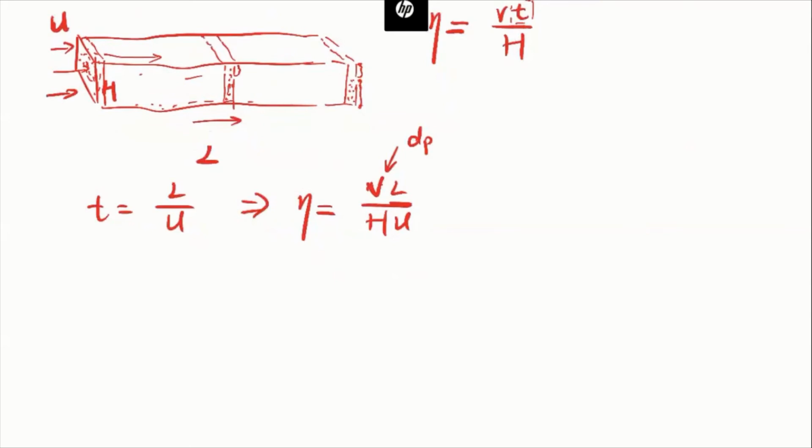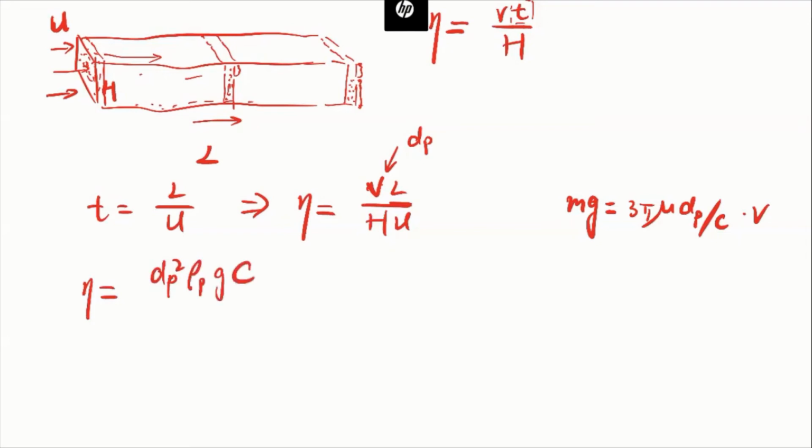So basically, for this V here, let's assume that particles have a single size of dp, we can equate the gravity to 3 pi mu dp divided by C multiplied by v, right? So what we get is eta equal to dp squared rho p g C L divided by 18 mu H u.